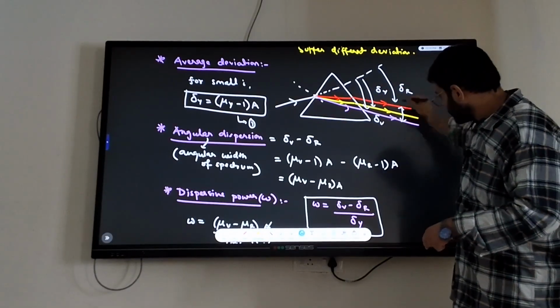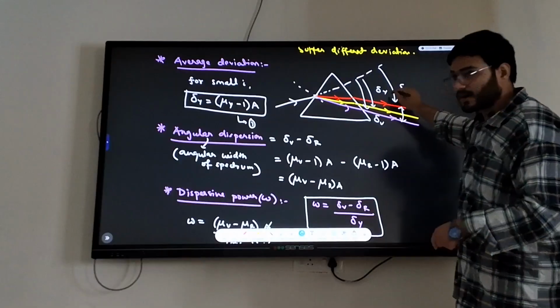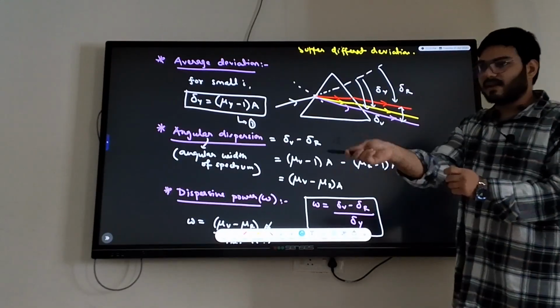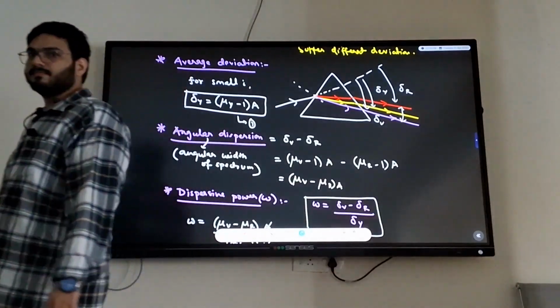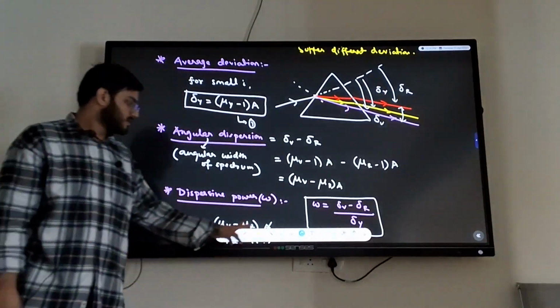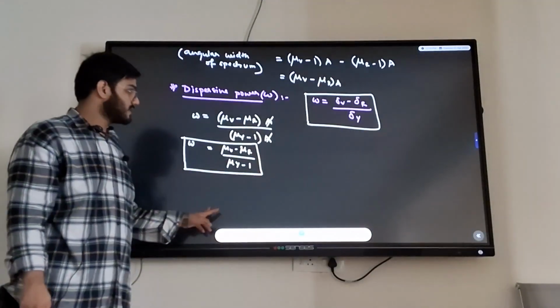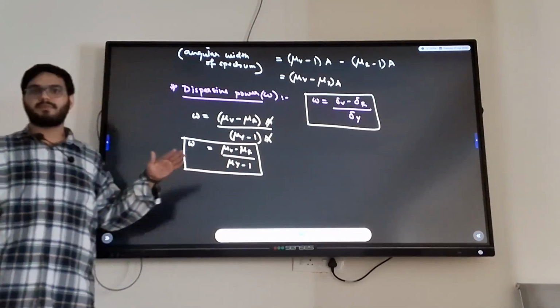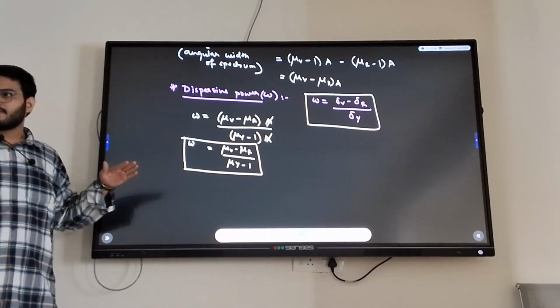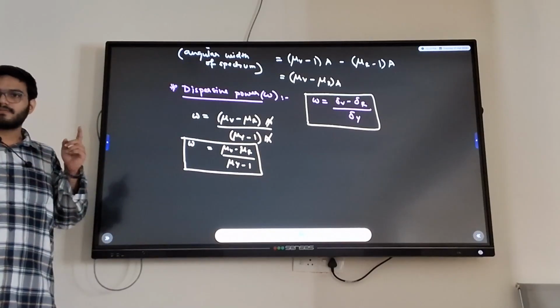Then what is this angle? That's delta V minus delta R. That gives the angular width of the spectrum. That's angular dispersion. Good. Is there any problem with the basic quantities? These are basic quantities that will be useful to us. Okay? Can I go forward?